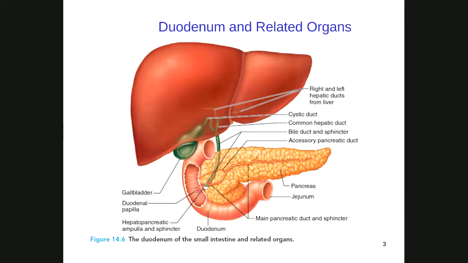This sphincter controls the secretion, and usually this secretion is not all day. It happens once the food is pumped out from the stomach into the intestine.